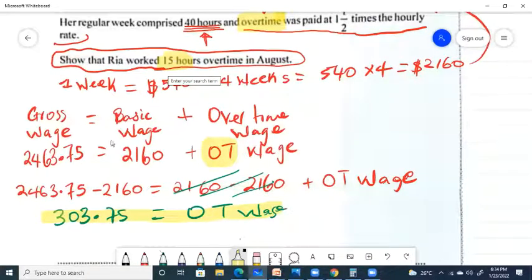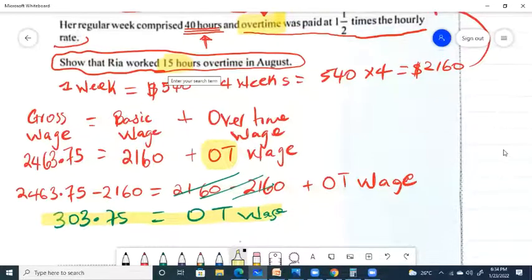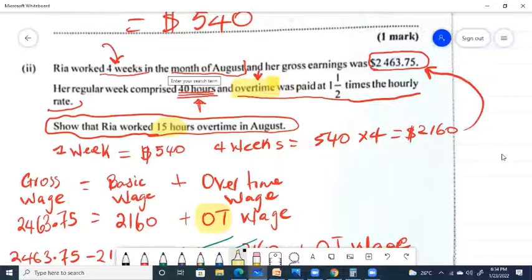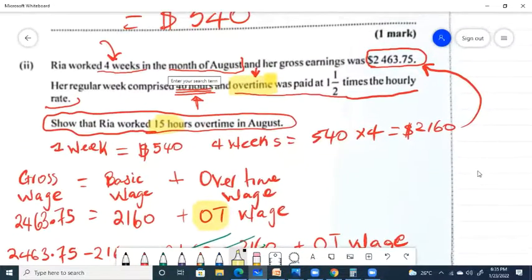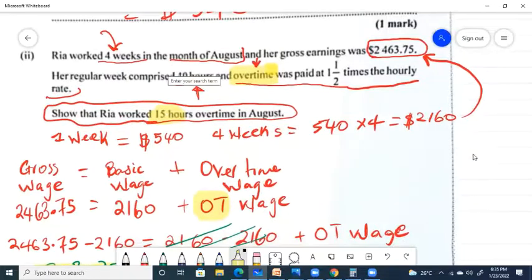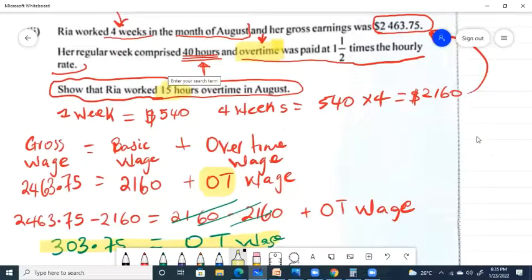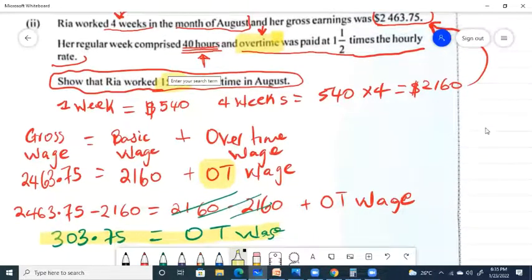Now, if you go back up, let us look at the question itself. It says here that for the overtime rate, there is an agreement that she will be paid time and a half. Time and a half means you're going to multiply her regular rate by 1.5. And that is where you get the time and a half. 1.5 is time and a half.